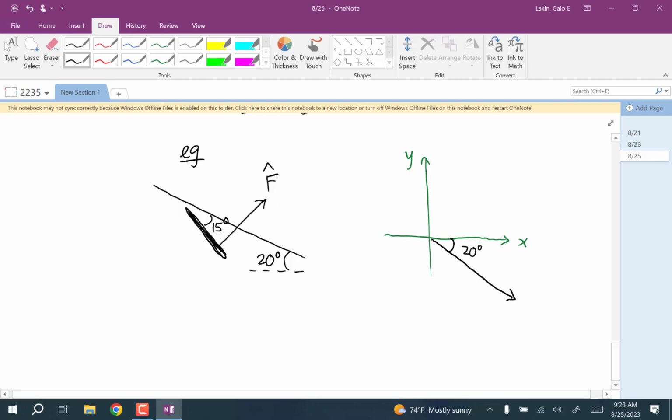Because now you can see that that slot makes an angle of 15 degrees with that wall vector. So this is 15 degrees. Are you with me on that? And then the vector we want, F, is perpendicular to that one we just drew.